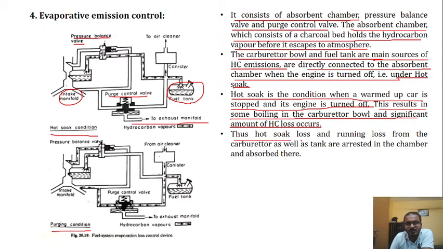So this hot soak loss and running loss from the carburetor as well as the tank are arrested in the chamber and absorbed there. Here you can see in the hot soak condition these are the hydrocarbon vapors, taken from the carburetor bowl as well as from the fuel tank, and taken towards the air cleaner.